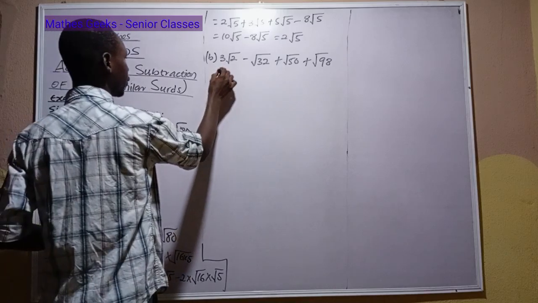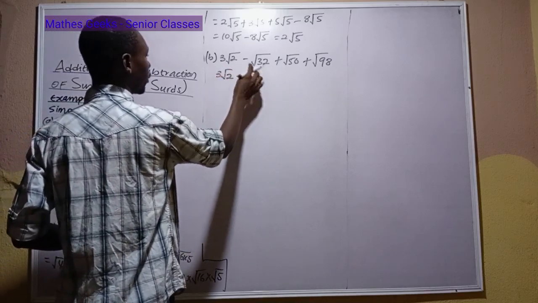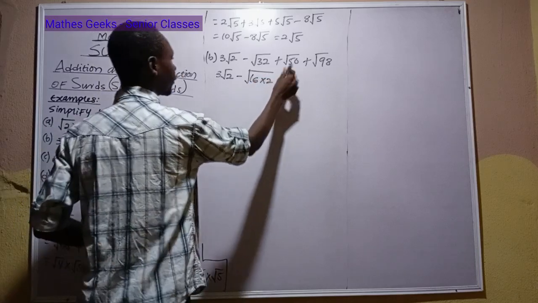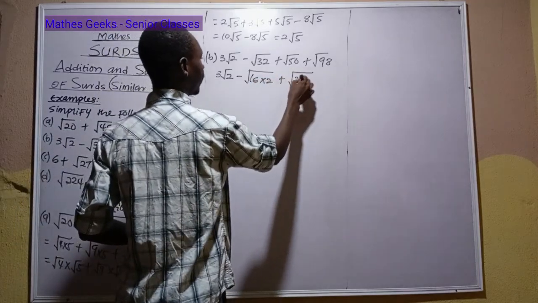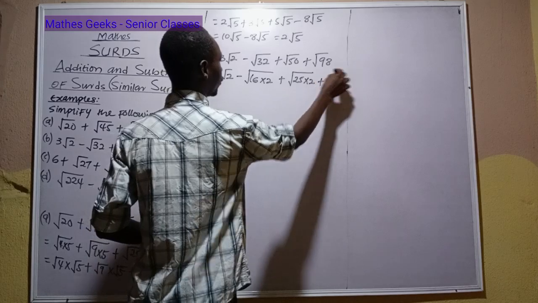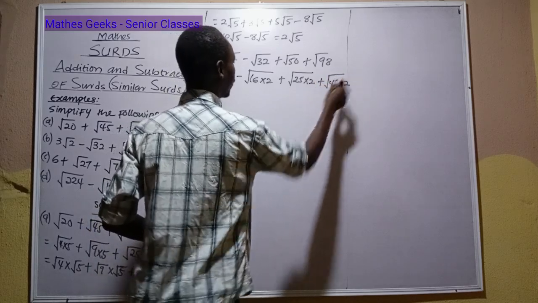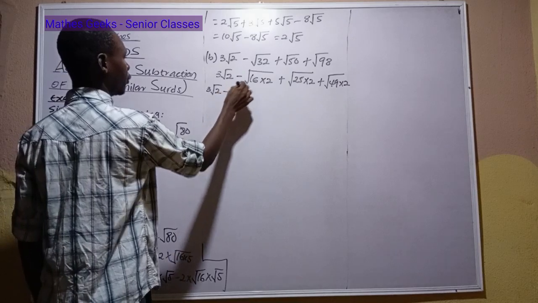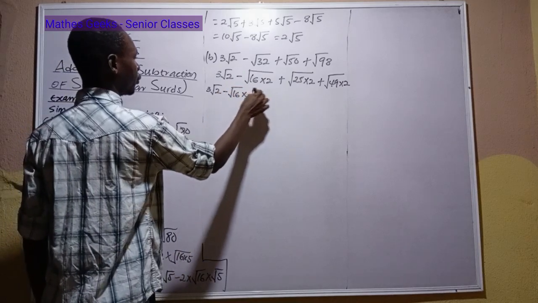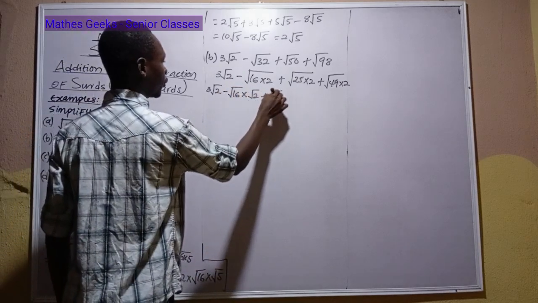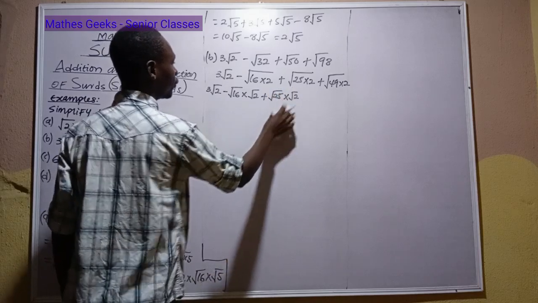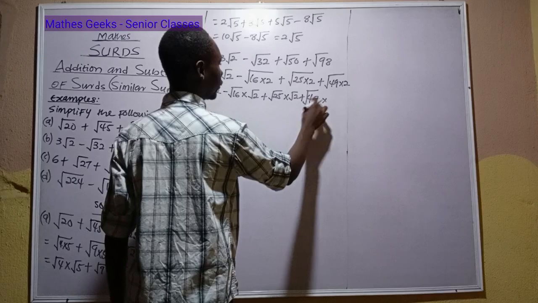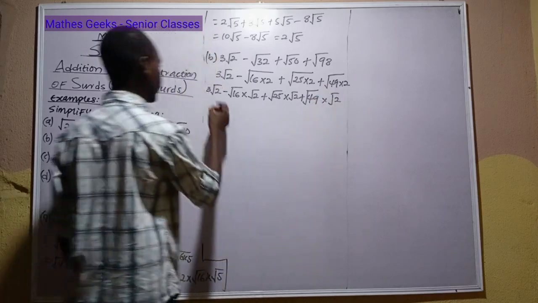So 3 root 2 minus root 32, which is root 16 times 2, plus root 25 times 2 plus root 49 times 2. This will give us 3 root 2 minus root 16 times root 2 plus root 25 times root 2 plus root 49 times root 2.